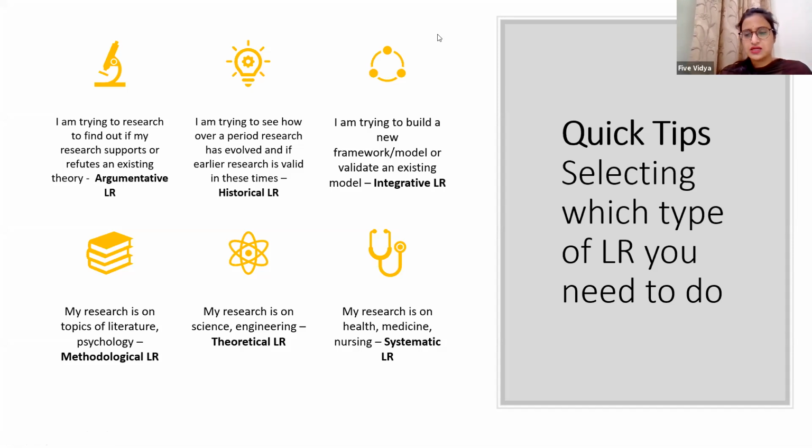For management subjects, you can do an integrative literature review, wherein we are trying to build some new kind of frameworks or models, which we usually call a conceptual framework or conceptual model. There we can use integrative literature review.